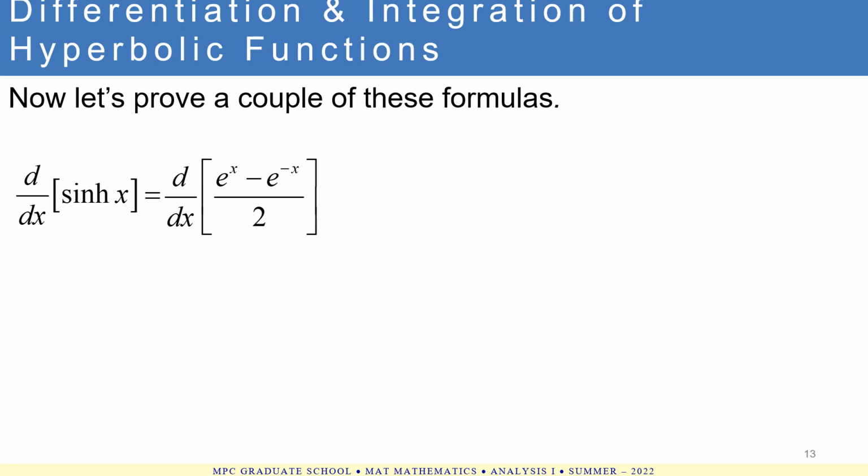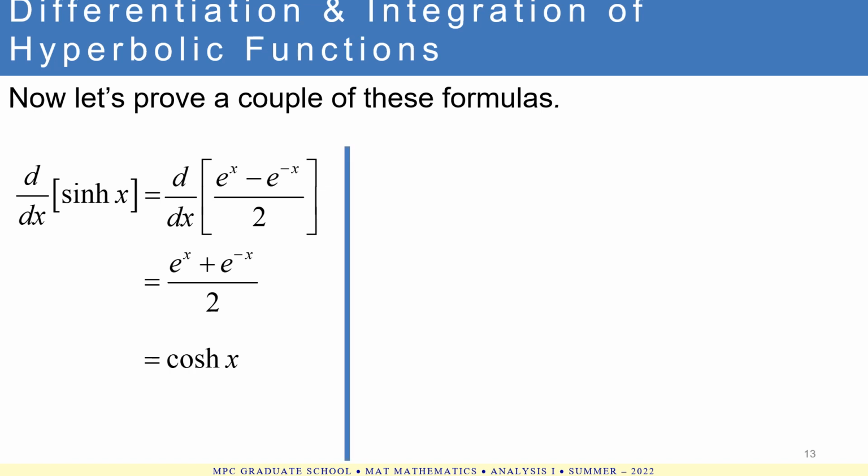Now, let's try to prove a couple of these formulas. How about the derivative of hyperbolic sine of x? Let's define hyperbolic sine, and that is e to the x minus e to the negative x all over 2. So we need to take the derivative of that quotient, and that is e to the x plus e to the negative x all over 2, which of course leads us to hyperbolic cosine x. How about the hyperbolic tangent? What's its derivative?